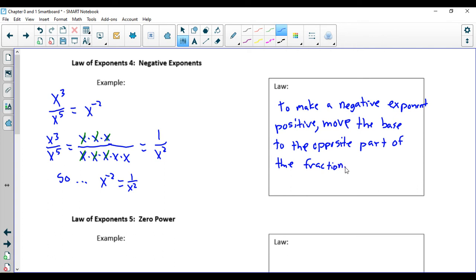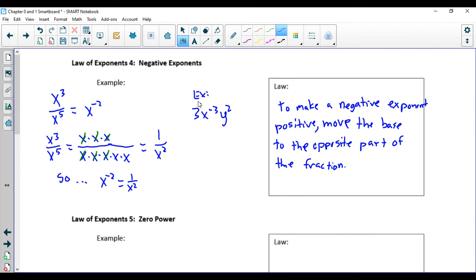So, for example, here's another example. If I had 3x to the negative 3rd y to the 2nd, remember, only negative exponents move to the opposite part of the fraction. So this 3 that's a base really is, remember, raised to the 1st power.